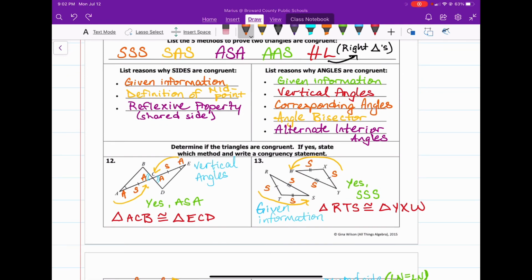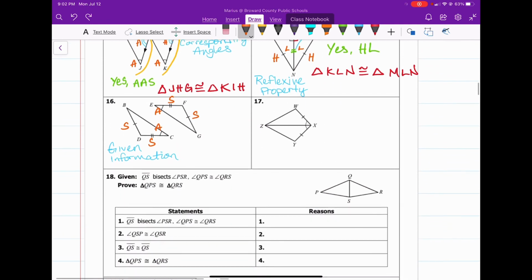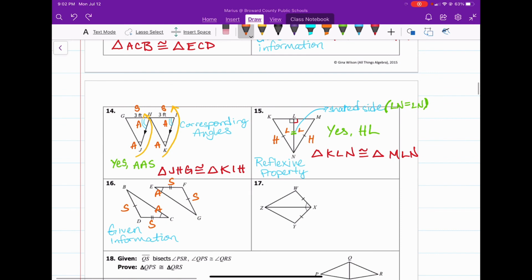Okay, so however, none of the options are side, side, angle, or angle, side, side. So with that being said, we don't have enough information to conclude that these are congruent. So we would say not congruent.